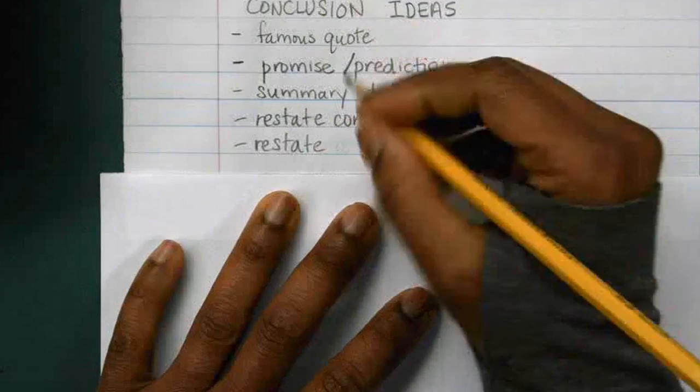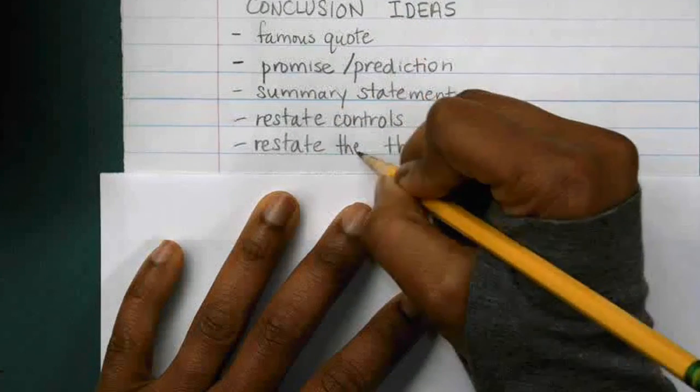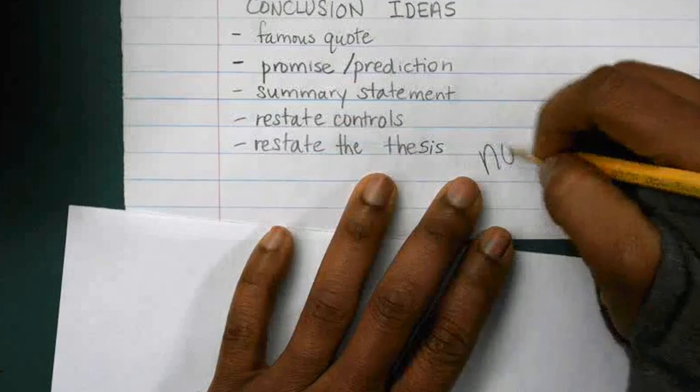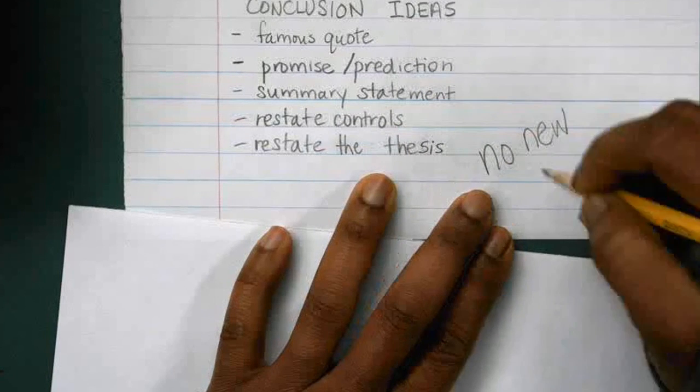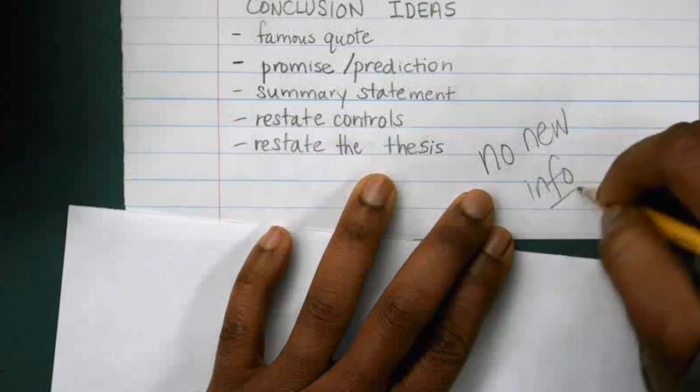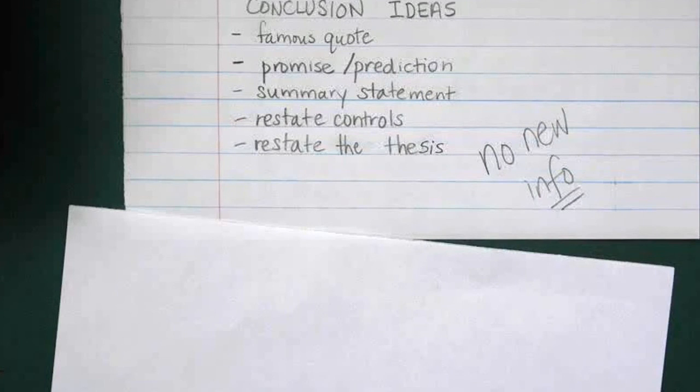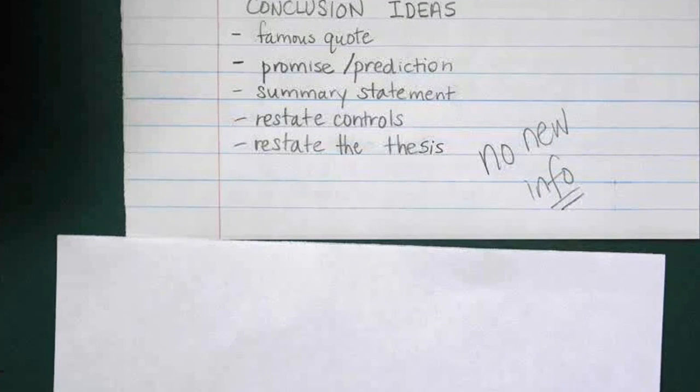That's also a classic way to end, or anything else that you want to do to close. But remember, no new info. You do not want to introduce any new ideas or any new information in the conclusion, because then you would just be continuing and not concluding.